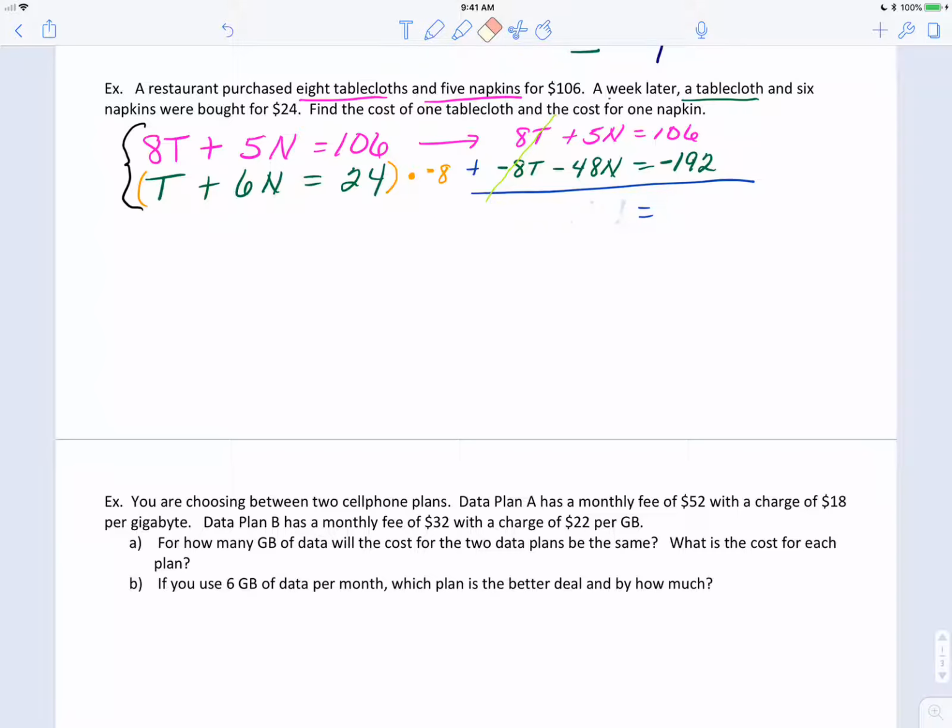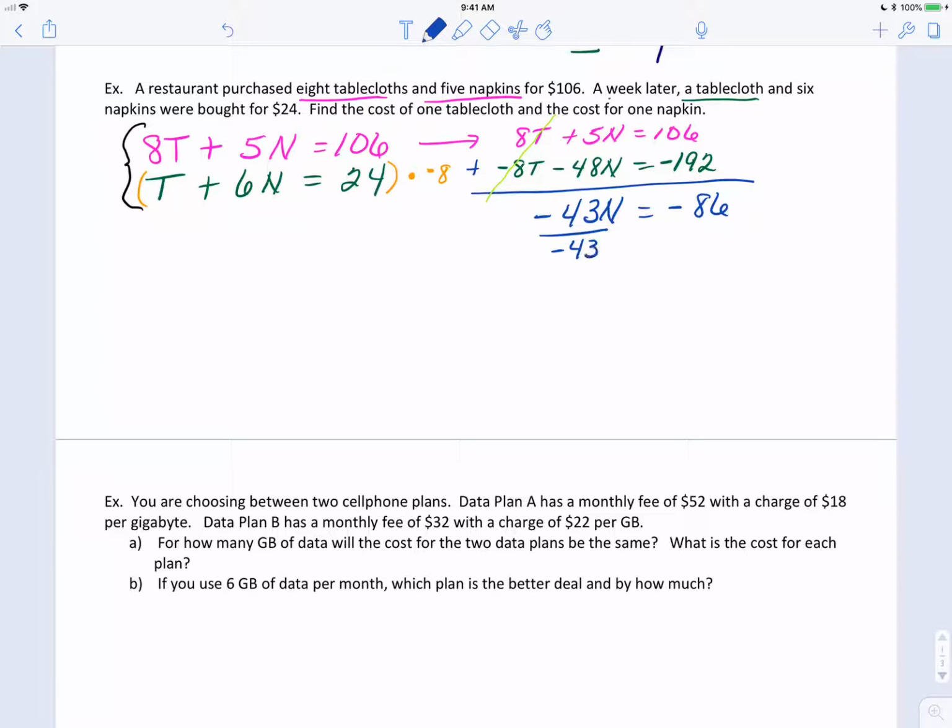That's a negative. So 5 plus a -48 is -43. How about that? Is equal to 106 plus a -192, which is -86.